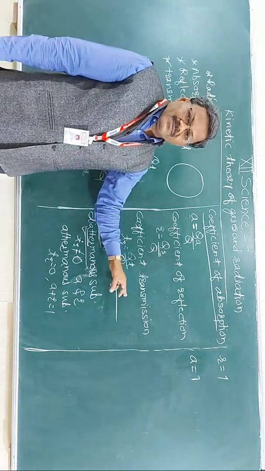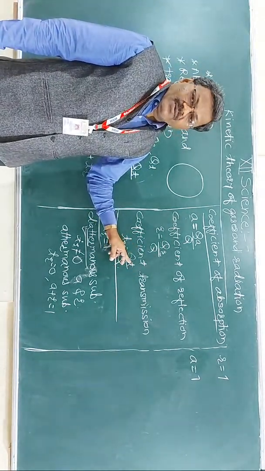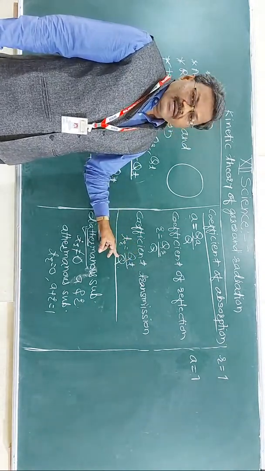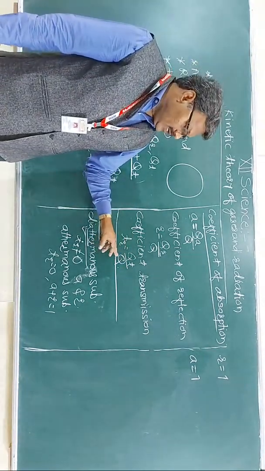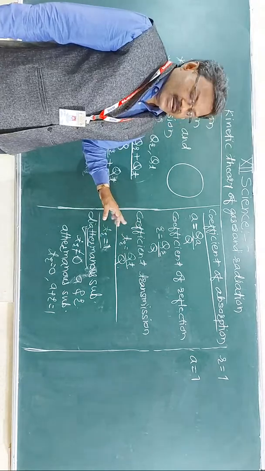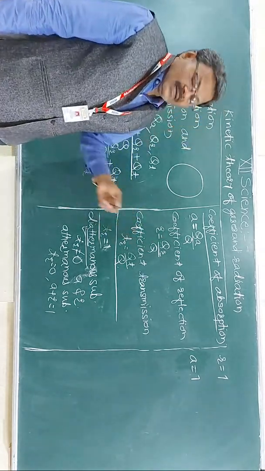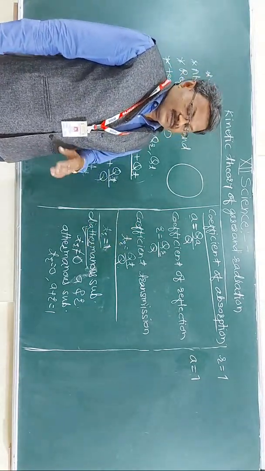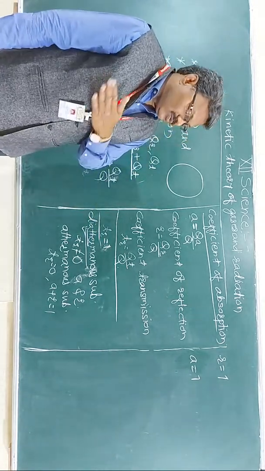Now the coefficient of transmission is the ratio of the quantity of radiant heat transmitted to the radiant heat, or thermal energy, incident on it. This ratio is called the coefficient of transmission. Also we are concentrating on transmission. When TR, the coefficient of transmission, is 1, it means that the total energy is transmitted through the body.